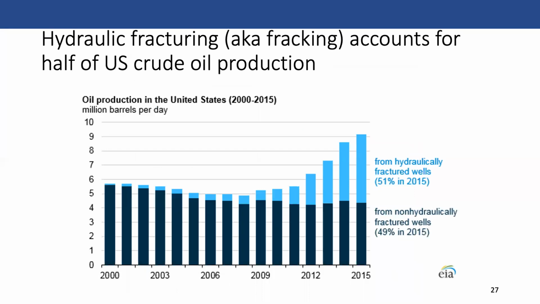So hydraulic fracking accounts for half of the US crude oil production. We can see the oil production quantities here, and this has led again to a direct contradiction to the peak oil concept, at least in the US.